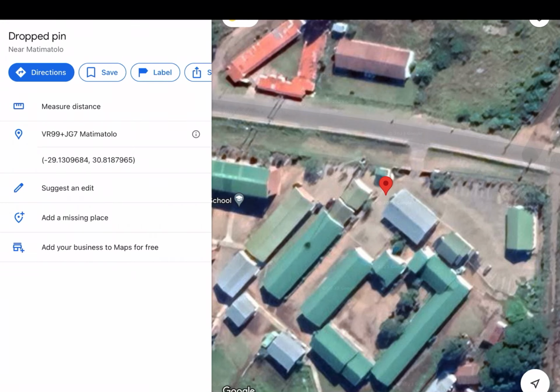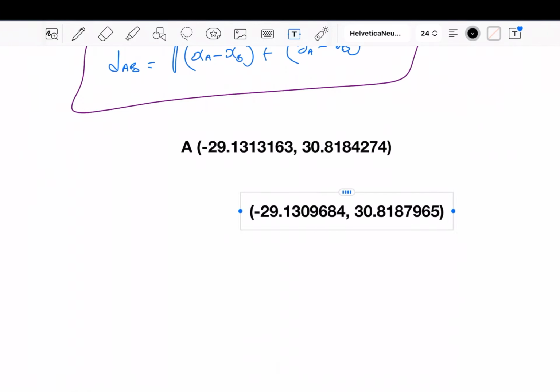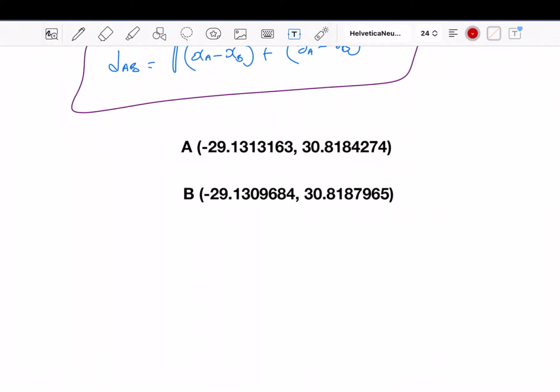So this is where your friend is at. And let's copy and paste this coordinate. Paste. And that's where your friend's at. Call it friend B. Then from here, you can calculate the distance between A and B. You have the coordinates, then you can calculate the distance between point A and B. Then you can say the distance between me and my friend is so many kilometers or meters, right? So that's basically how you do this.